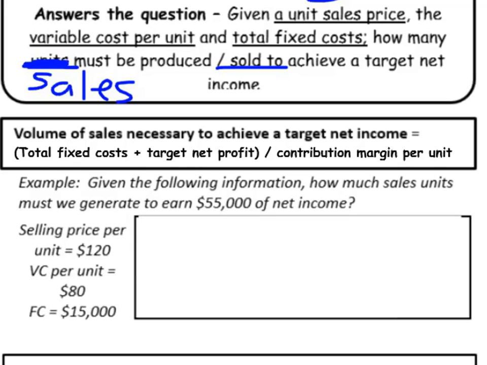It's our total fixed cost plus our target net income. That's the same numerator that we had in our previous formula for target net income for units.